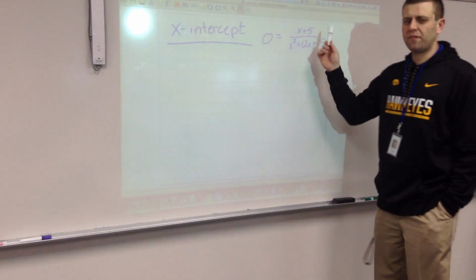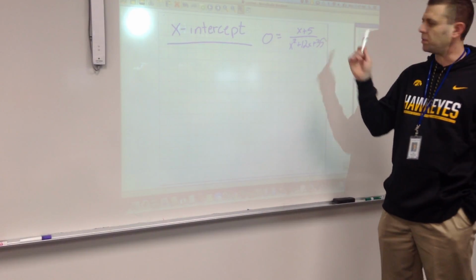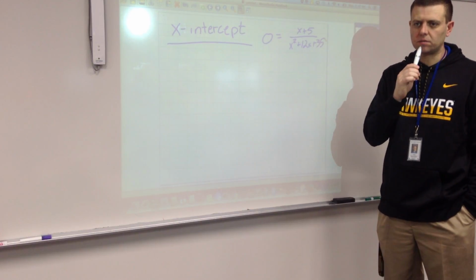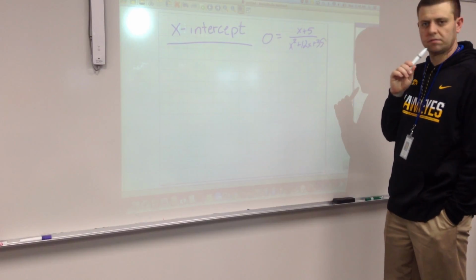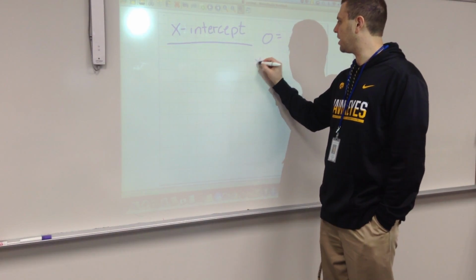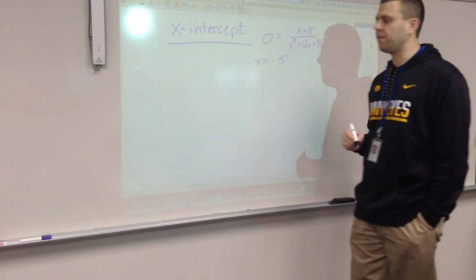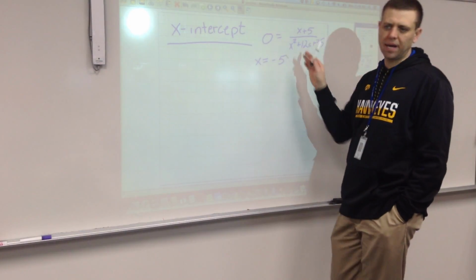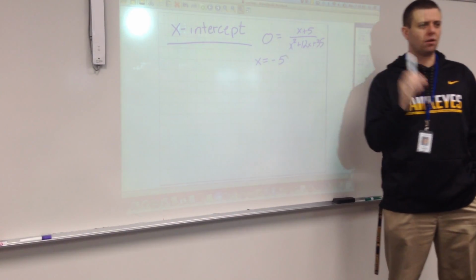So, what value of x would result in the top equaling 0? -5. Okay? So, initially I'm going to get x equals -5 for my x-intercept here, because that is the only x value that would make this fraction have a 0 on top.